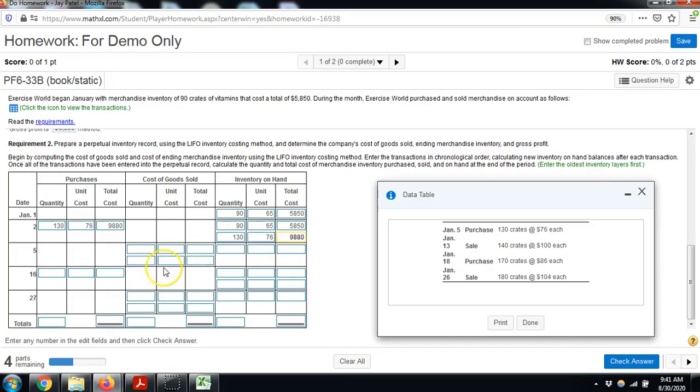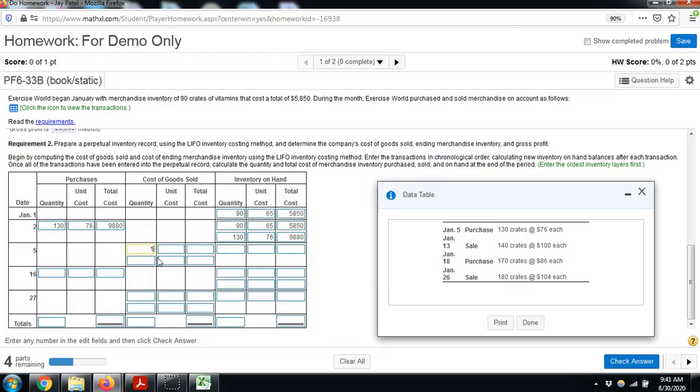Okay, so now we have our first sales transaction of 140 units. So in LIFO, we're going to start with the newest layer and move backwards. Before in FIFO, we started with this 90 and moved forward, oldest to newest. With LIFO, we're going to start with newest to oldest. So the first 130 units of this 140 is going to come from this purchase we just did.